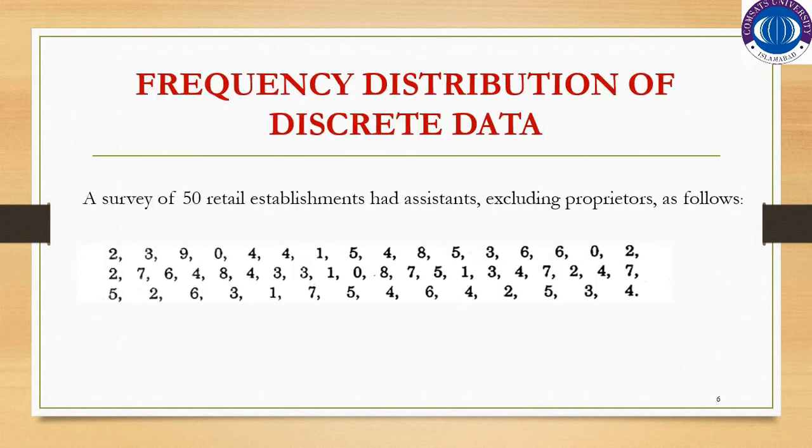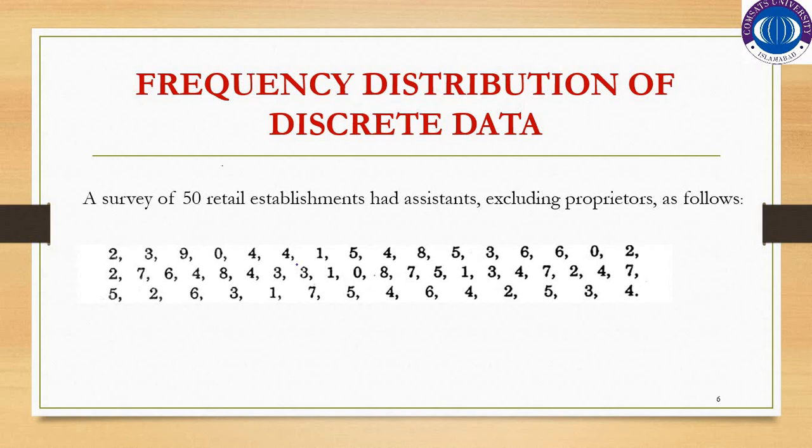Frequency distribution of discrete data. So how do we construct a frequency distribution of discrete data? In continuous data, we constructed the frequency distribution by making class limits, class boundaries, and then we calculated the class marks as well.